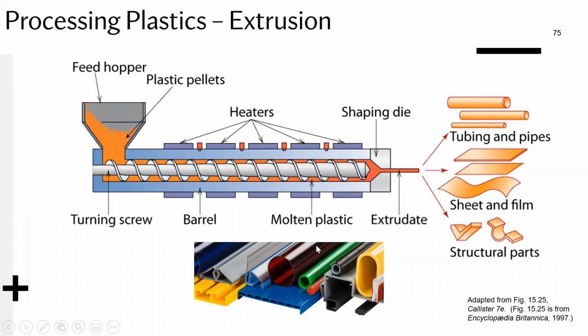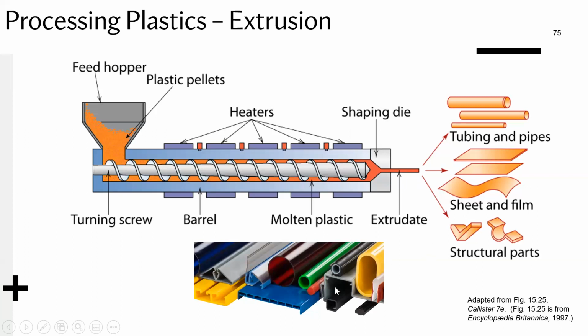You're actually extruding continuously these long 2.5 dimensional extruded objects that just have the same cross section throughout, but are super long. Okay, so this can have many different geometries in terms of its cross section based on what the shaping die looks like.